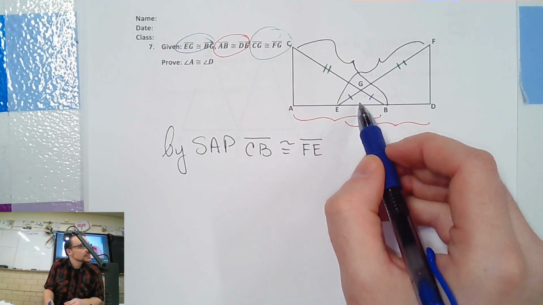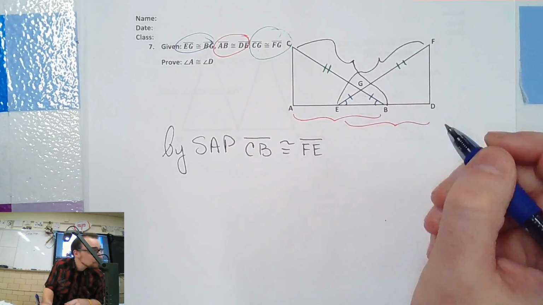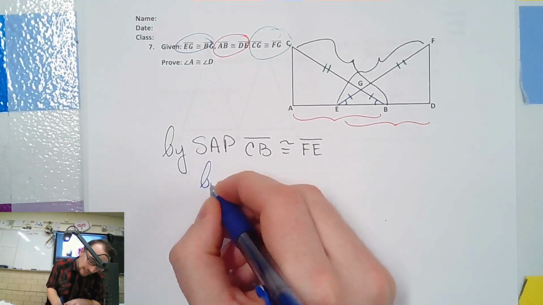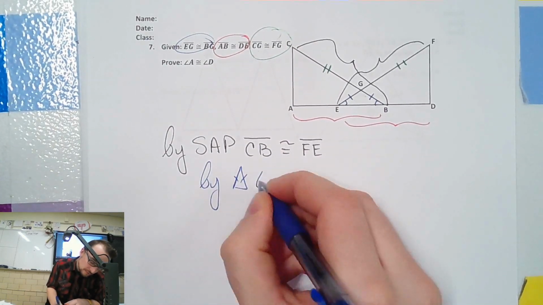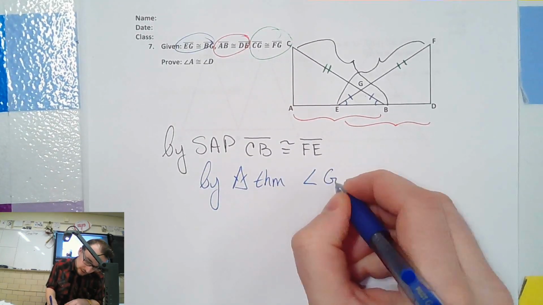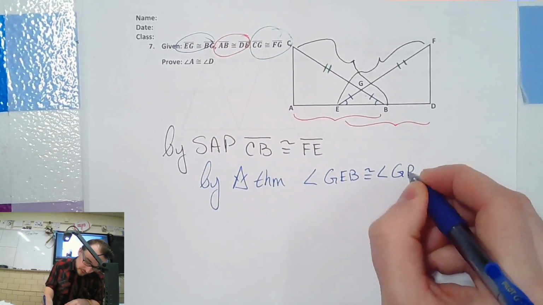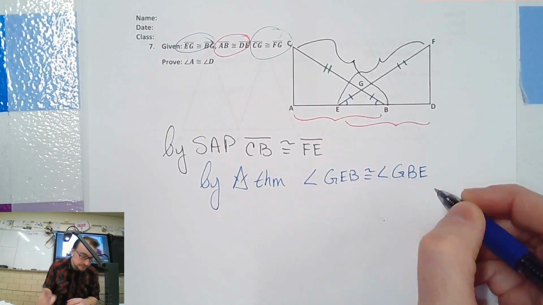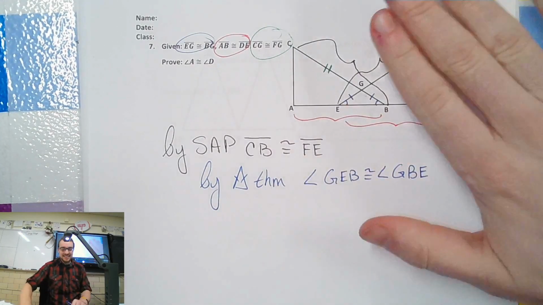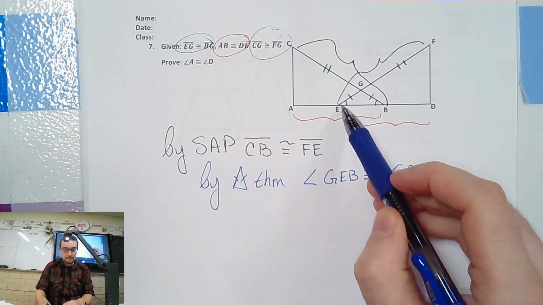It's isosceles. So these two angles are the same, right? By the isosceles triangle theorem, no converse, just the theorem, angle GEB is congruent to angle GBE. And then we win. I wrote GE equals GB, but not the angle.